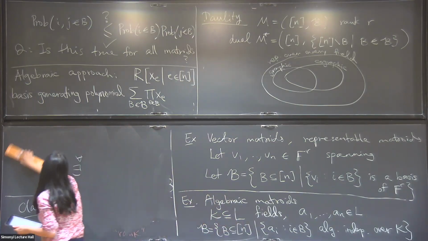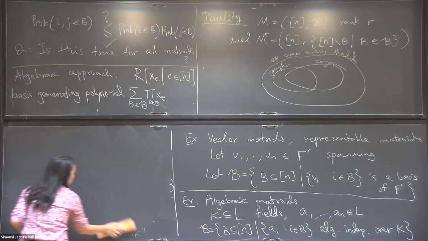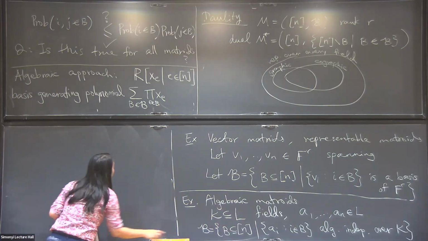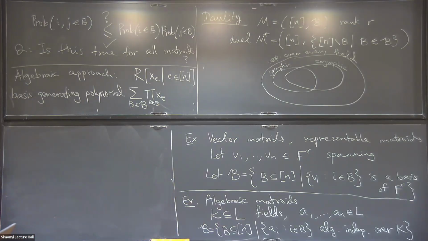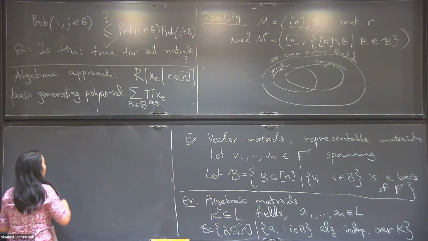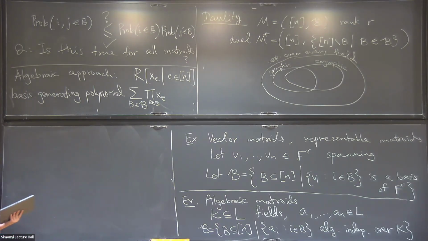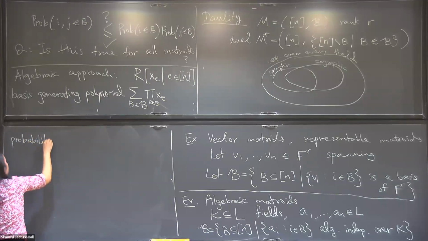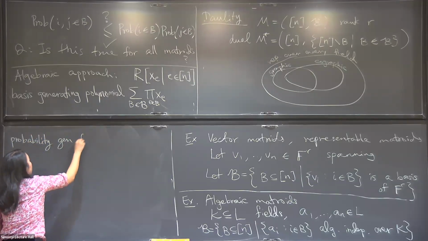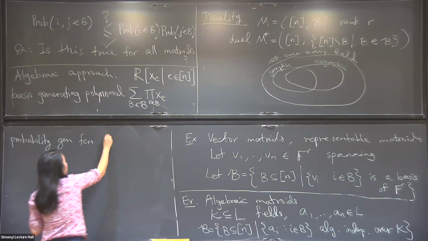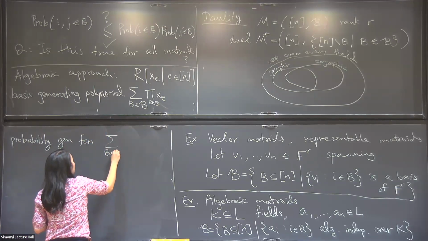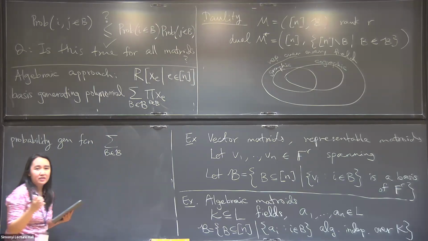And we're talking about probability, so we're talking about choosing each basis uniformly at random. So I'm going to put in a coefficient of 1 over the number of bases. But in general, we have a probability generating function where you sum over the same thing with the probability that the basis gets chosen.